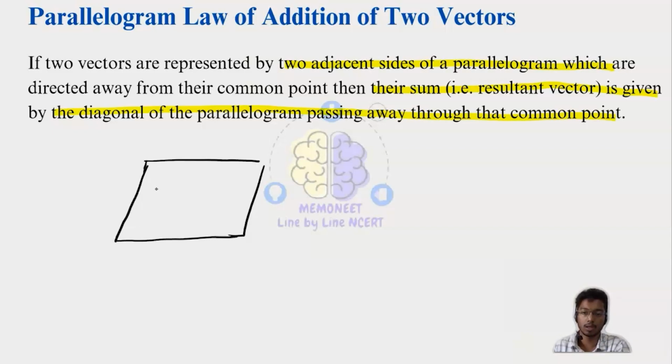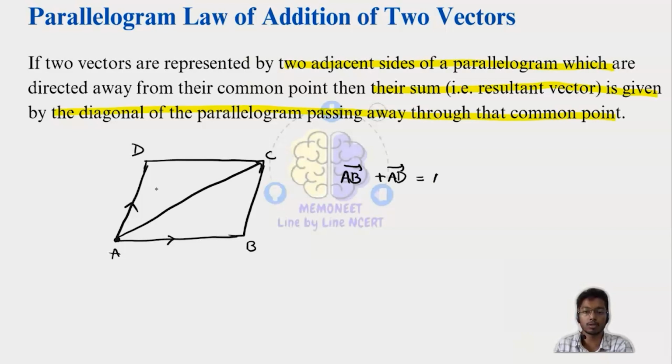Here the parallelogram is A, B, C, D, and this is the common point, with the arrows directed away from it. The resultant of AB vector plus AD vector will be the AC vector, which is the diagonal.